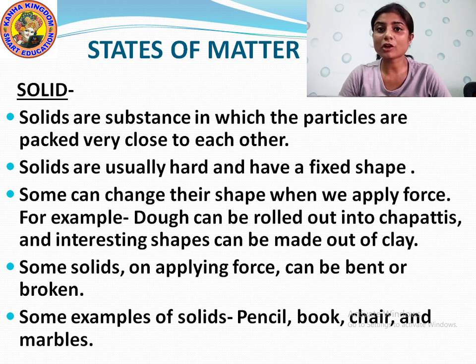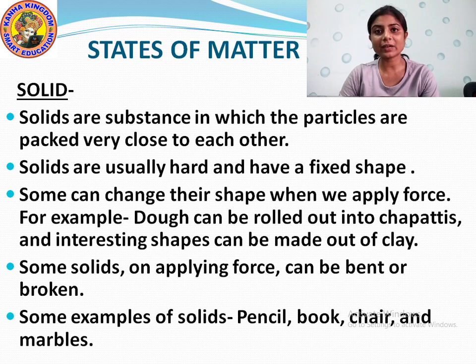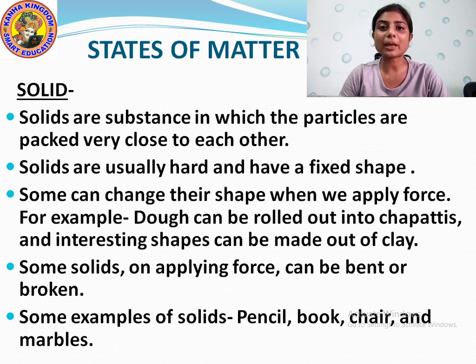A book has its shape, a table has its shape, and they are heavy, they have mass, and they can also occupy space. That is why they are matter. Solids are substances where the particles are very closely packed. Since they are very closely packed, that is why solids are hard and they have a fixed shape.